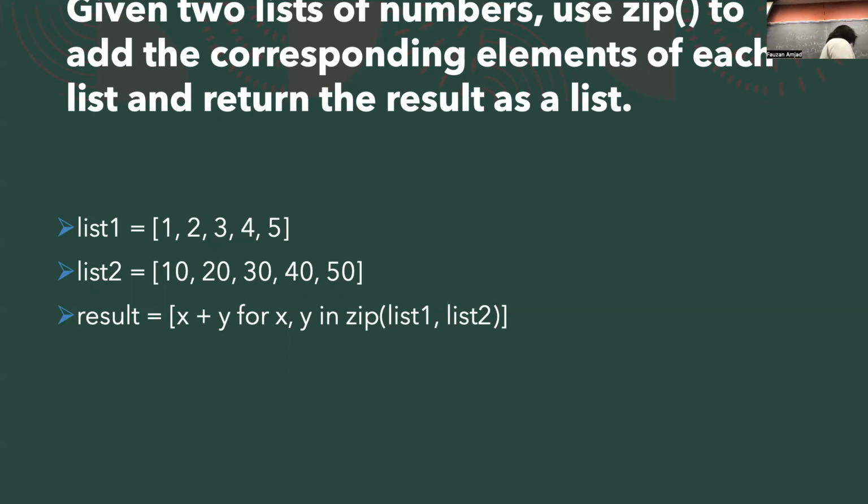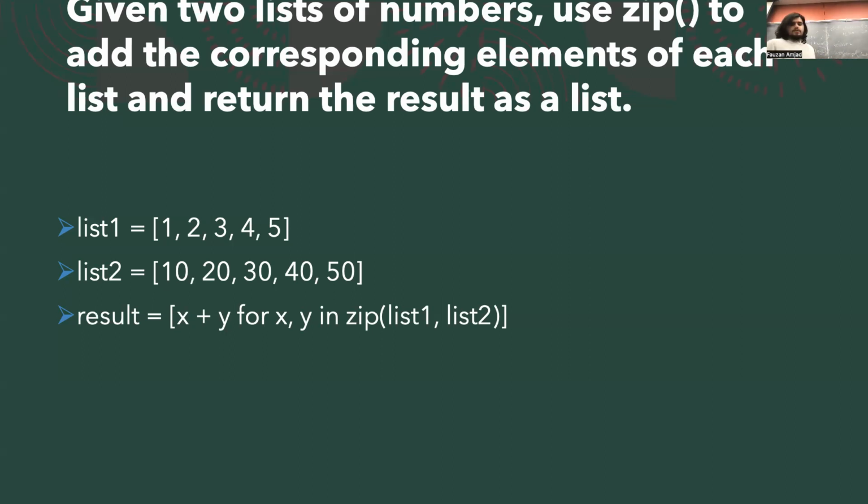So the zip of list 1 and list 2 is going to be 1 and 10, 2 and 20, and then it keeps going like that, stored in a list.